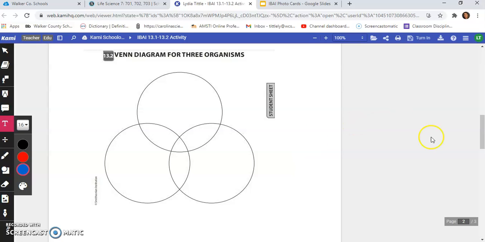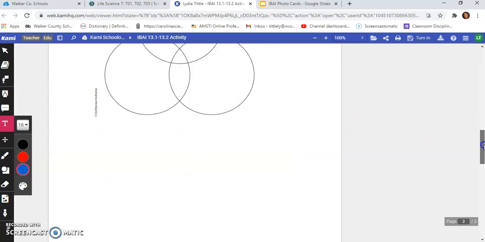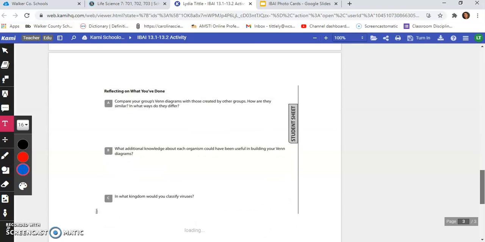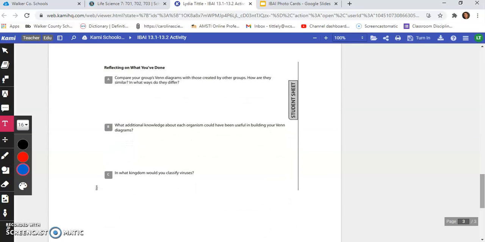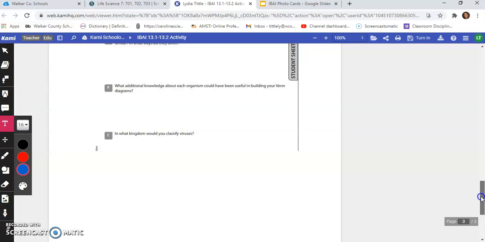Okay? So once you've done that, you will have reviewed the different living organisms that we studied about in this unit, and then you have a few reflecting questions to answer based on your Venn diagrams. All right, you may have to do a little research on letter C to find out what viruses are.